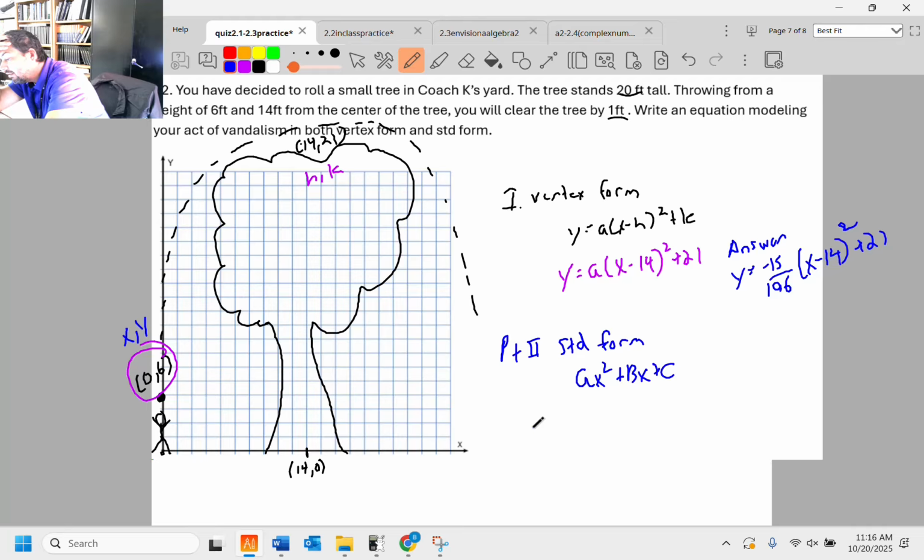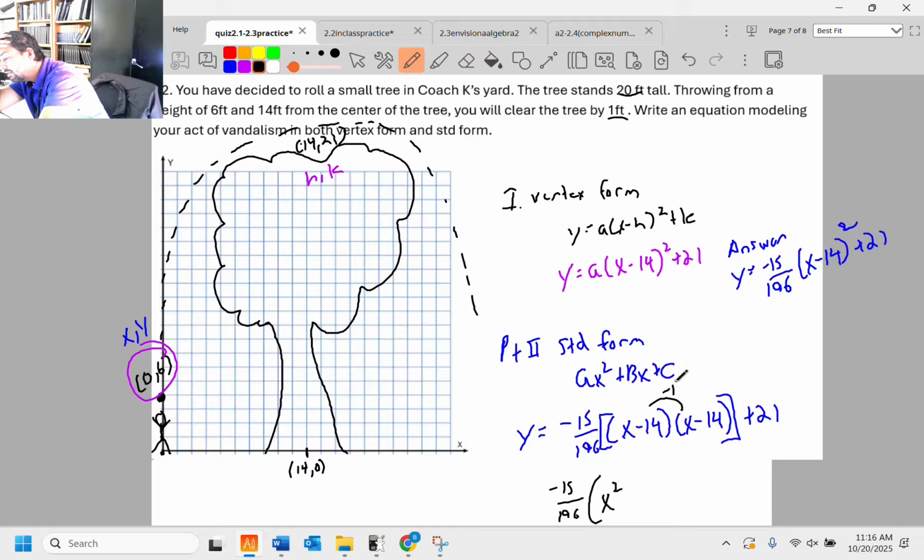So we're going to take our funky equation. We're going to write this piece twice because it's squared. And it's going to be kind of ugly. But now we're going to figure out what x minus 14 times x minus 14 is. So we're going to have to do a little foiling. X times x is x squared.